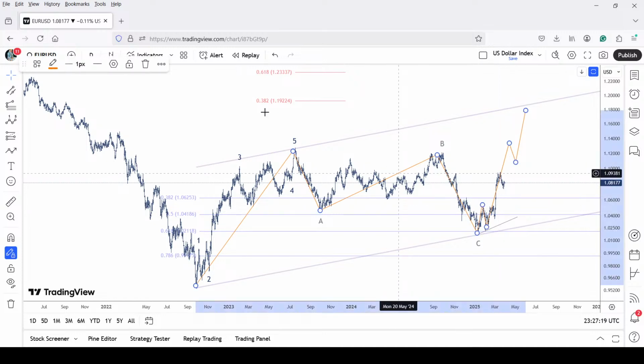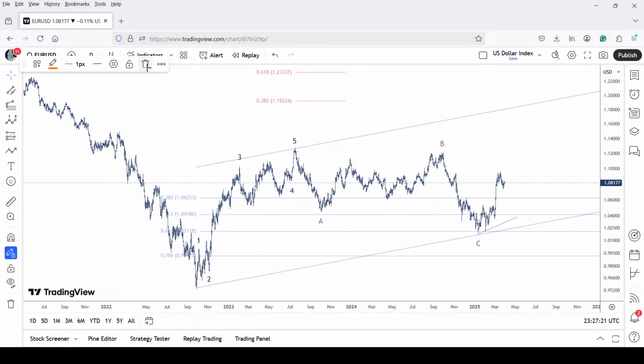Right now, as we speak, prices are trading around 1.0817, and possibly rallying. I mean, we've got almost 1,000 points of rally left on the north side. Now, technically speaking, the stop loss would be just below wave one termination, which is seen at 1.05.